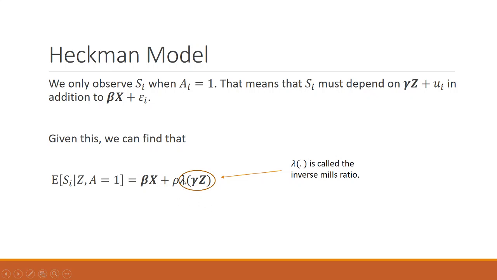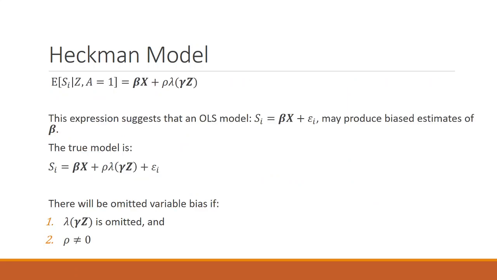Basically, the inverse Mills ratio is a way of capturing the information in the selection model. And rho, which looks like a P, that's the Greek letter rho, is the coefficient on the inverse Mills ratio.